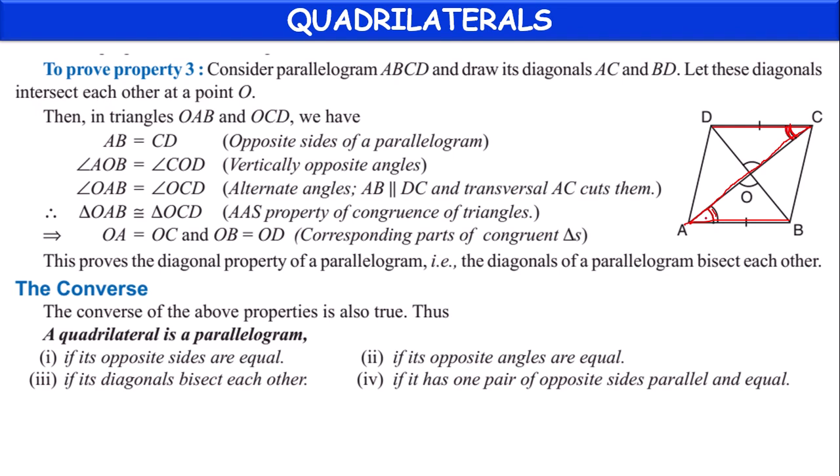So angle OAB equals angle OCD, because they are alternate angles. So in the first and second triangles, one side is equal, one angle is equal, and another angle is equal. According to the angle side angle property, they are congruent to each other.